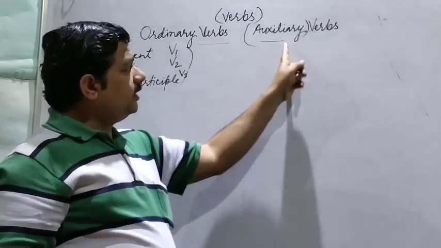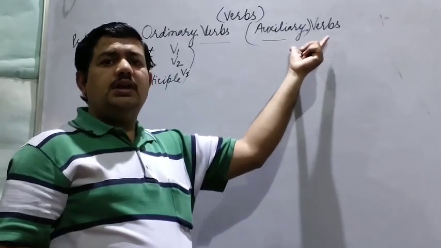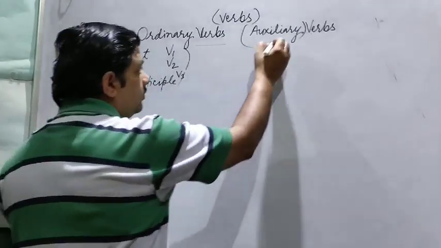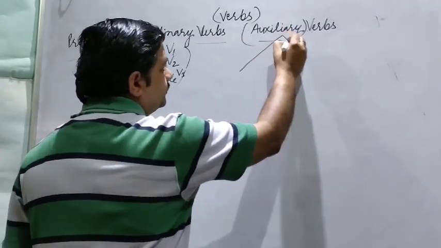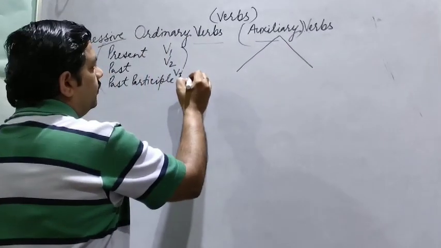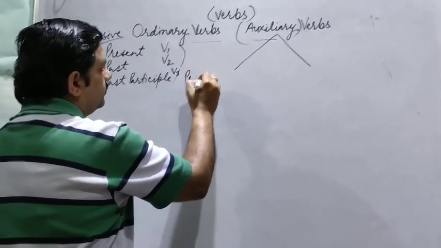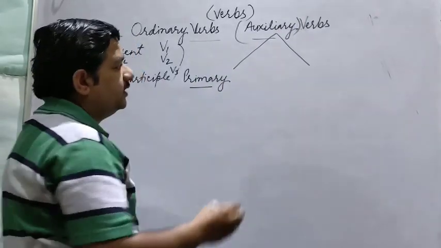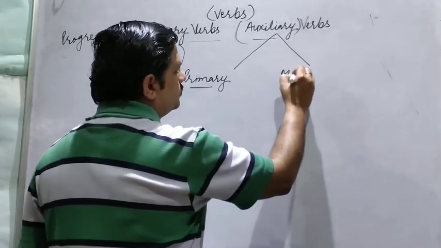So today I will tell you that auxiliary verbs also are further divided into two major parts. Auxiliary verbs also are of two types. First is primary auxiliary and the second is modals.